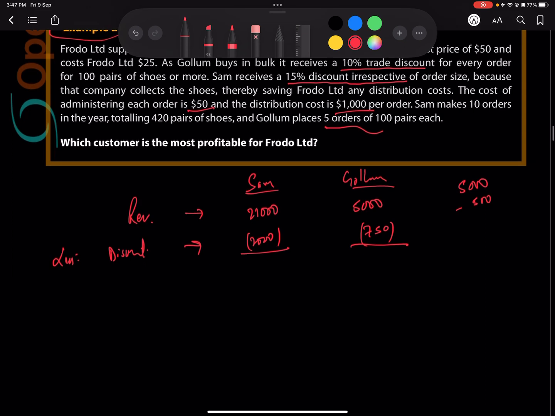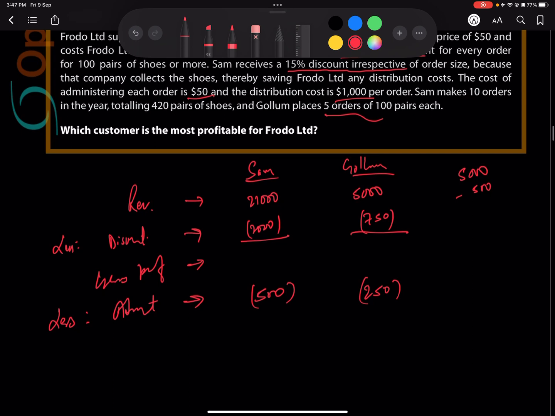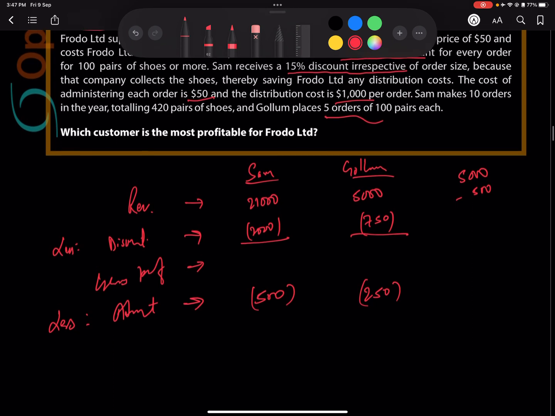Next is less the cost of administering each order. We could have calculated gross profit at the moment, and then we need to subtract admin, which is 50 per order. So 10 orders will be 500, and 5 orders will be 250. And then distribution cost is applied to whom?